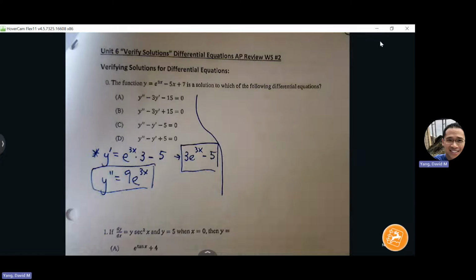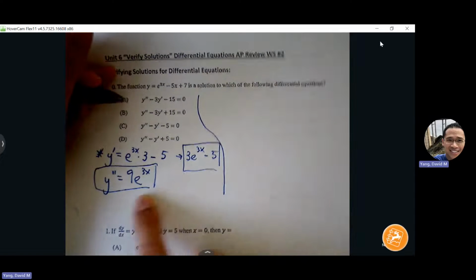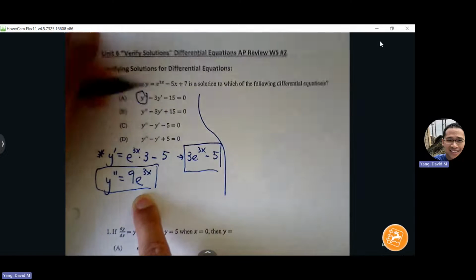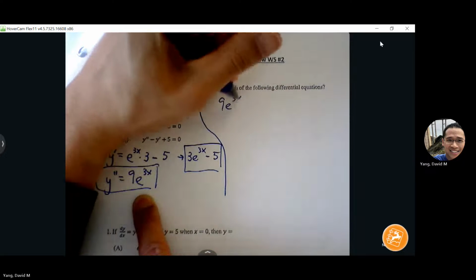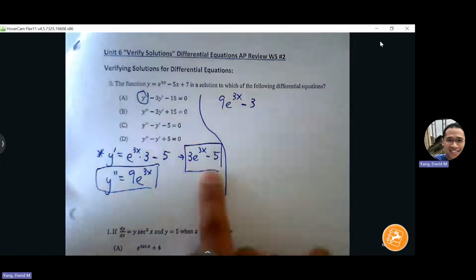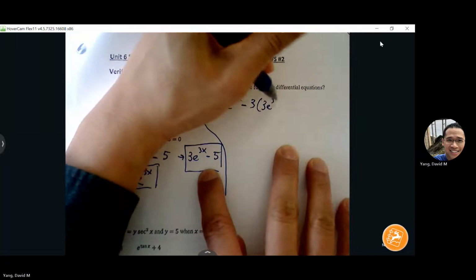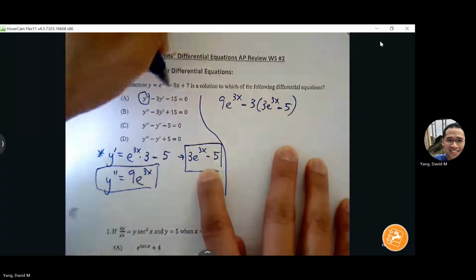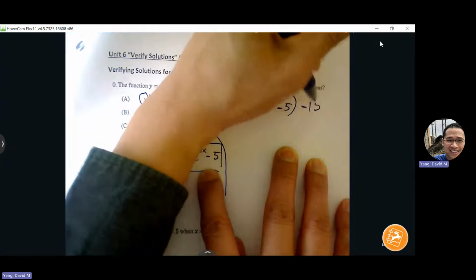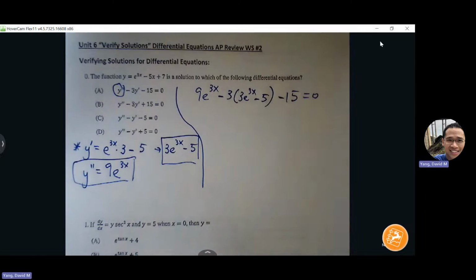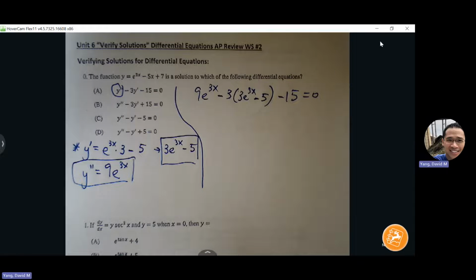So let's just try part A here. I'm going to replace y double prime with 9e to the 3x minus 3 times y prime. My y prime is 3e to the 3x. And then minus 15. Okay, and then we just clean that up. If that's a true statement, then that's our answer, right?